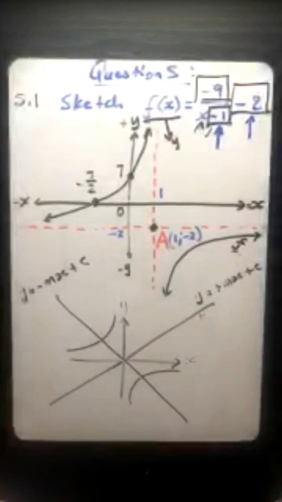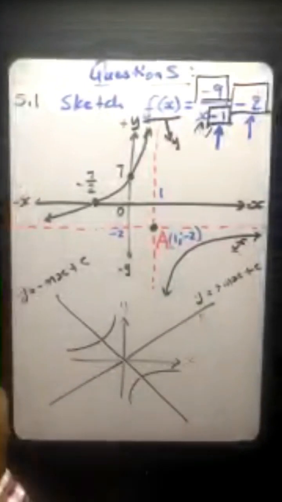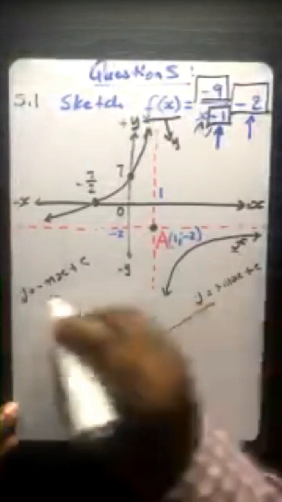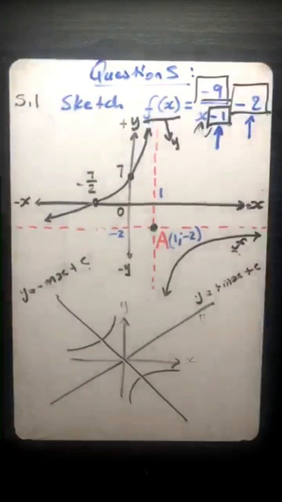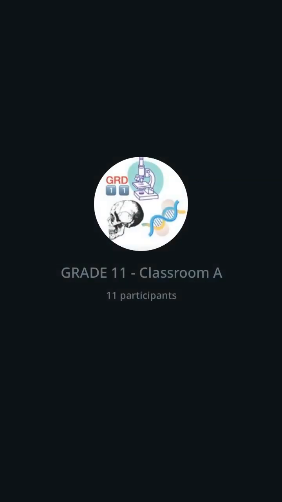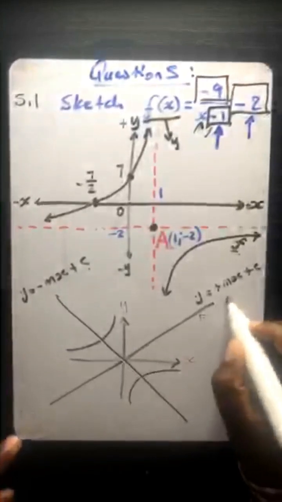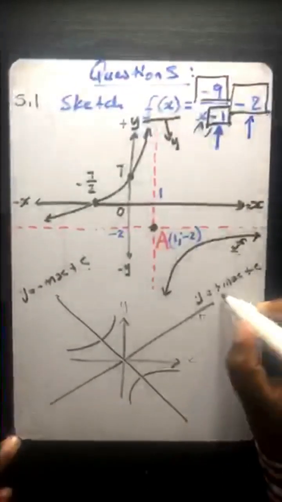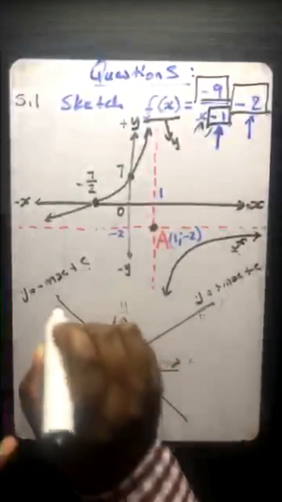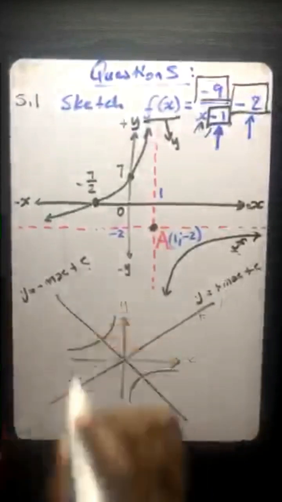So just always remember that under hyperbola we only have 1, 2 lines that can cut a hyperbola into 2 equal halves. And this line that ends in the first and the third quadrant is the one that has a positive gradient. And this one that ends in the second and the fourth quadrant has a negative gradient.